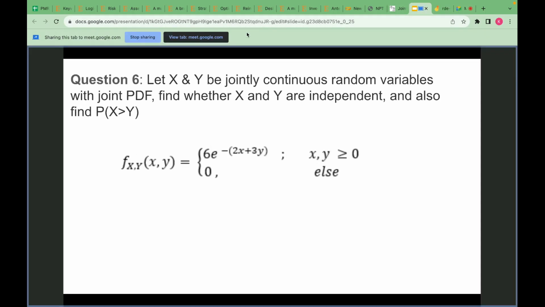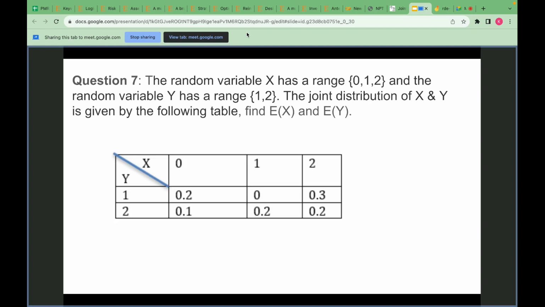So we will move on to the next question. Here the random variable x has a range 0, 1, 2 and random variable y has range 1, 2. The joint distribution of x and y is given by the following table. We need to find the expectation of x and expectation of y.